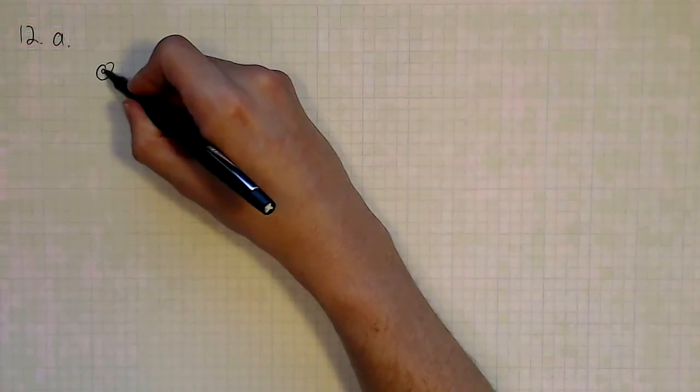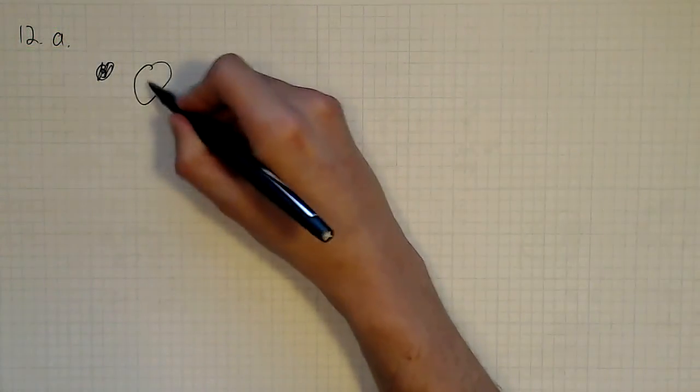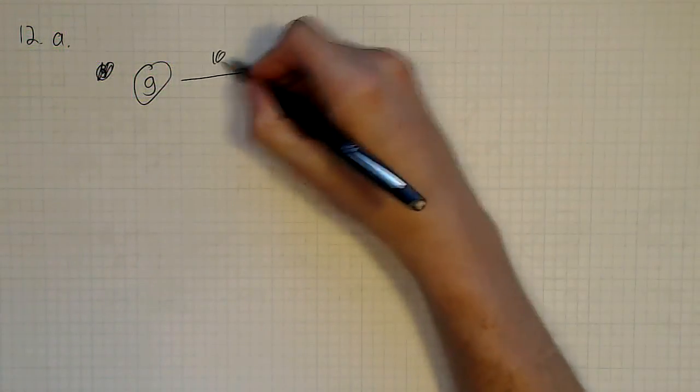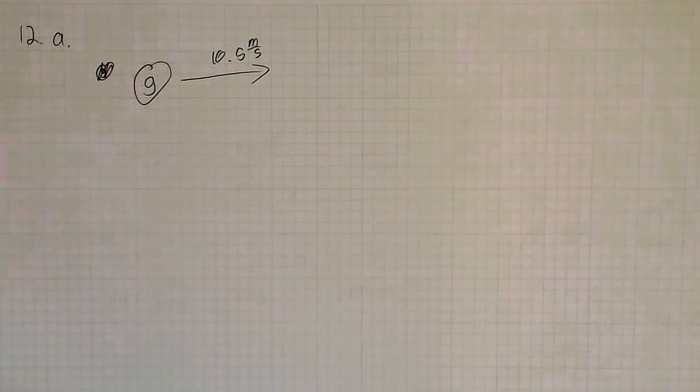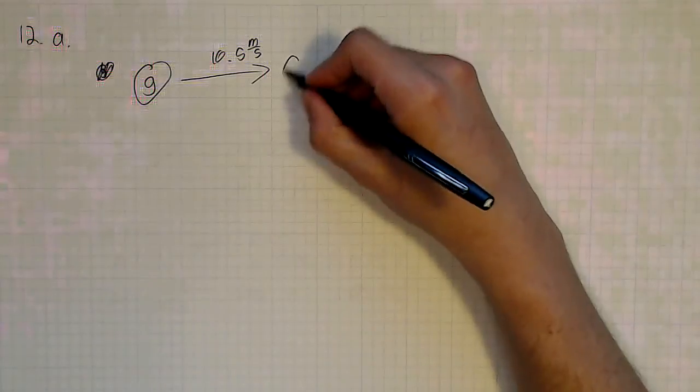So each croquet ball in a set has a mass of 0.5 kilograms. The green ball travels at 10.5 meters per second and strikes a stationary red ball.